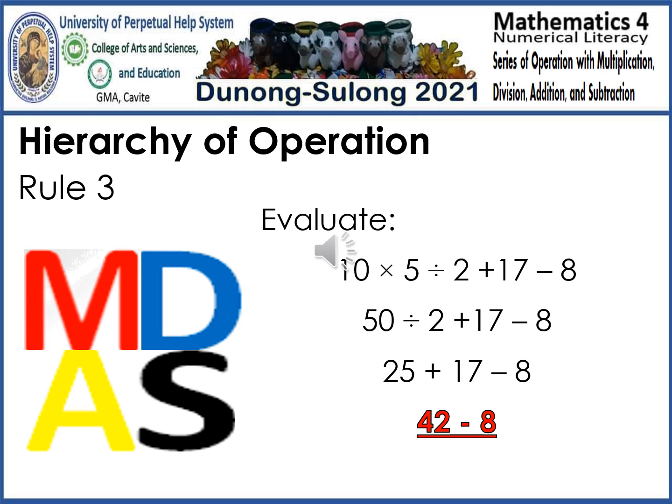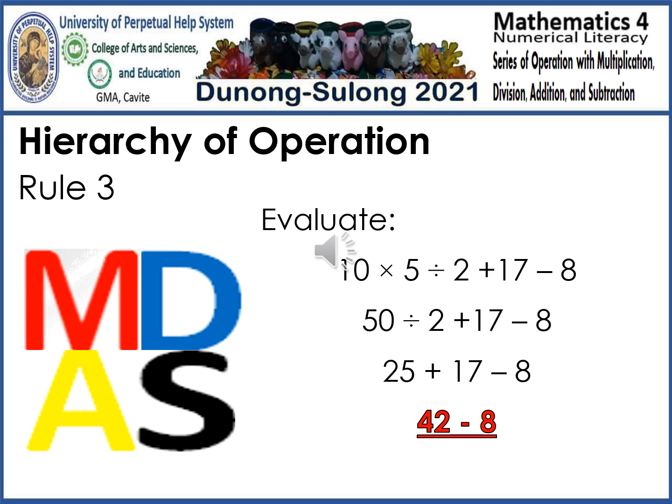Now, let's go back again to rule number 3, which is addition or subtraction from left to right. So, the last equation is 42 minus 8.